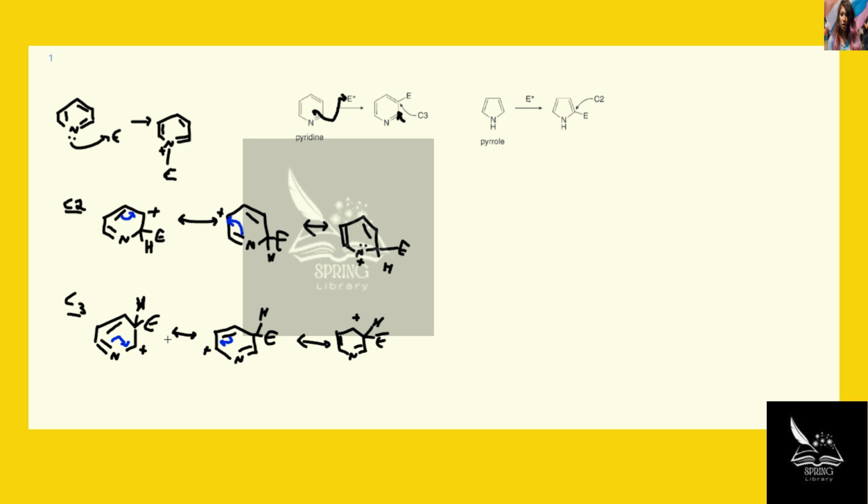Now in B, it asks us, pyrrole is more reactive than benzene in electrophilic aromatic substitution and yields addition on carbon 2. So why is that? Well, let's draw pyrrole.